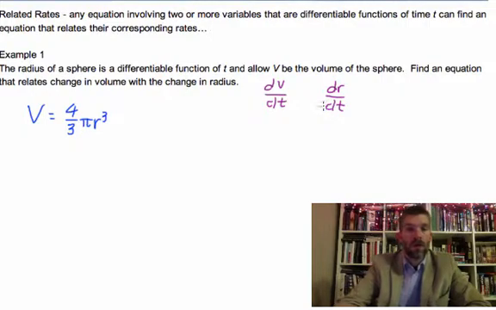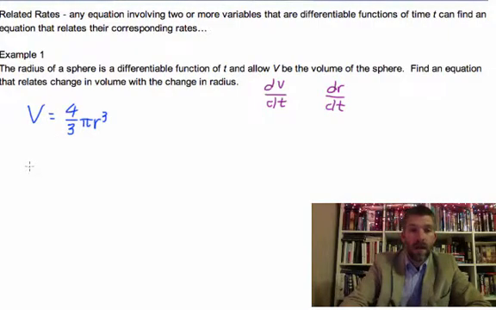Well, remember, we're talking about a function over time, f of t. We've got our equation here of volume and radius. Those are the only two variables; 4/3 pi is a constant. So what I can do is take the derivative of both sides.